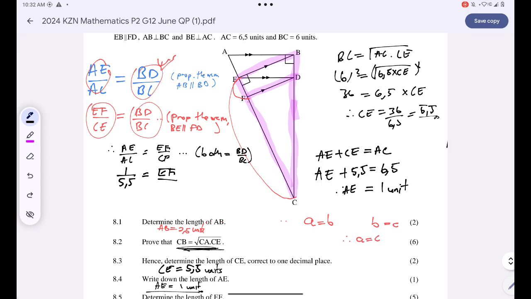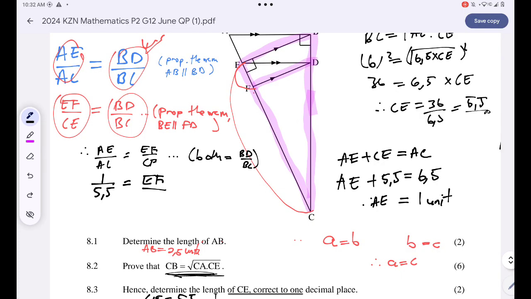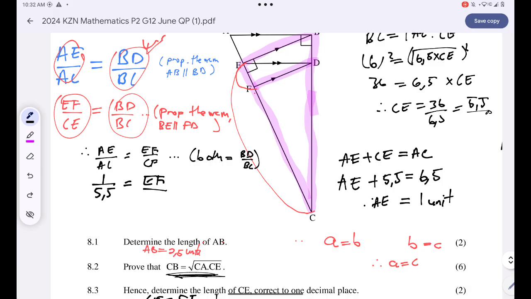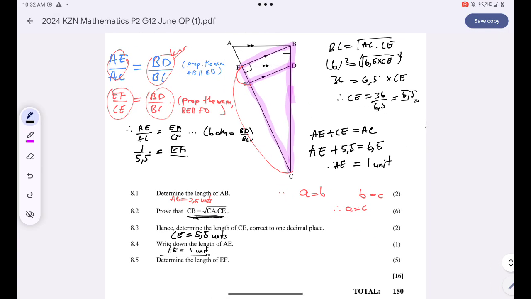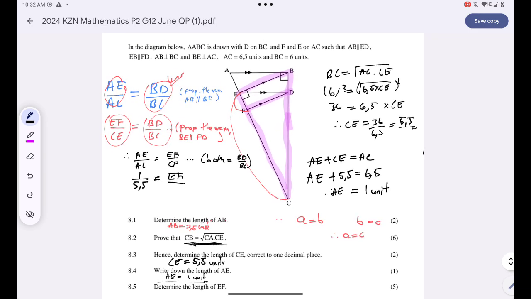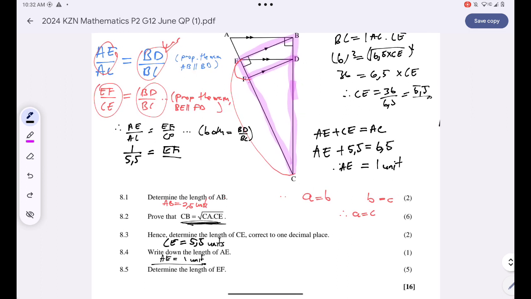How can we find EF? It's not CF, guys. It's my handwriting.